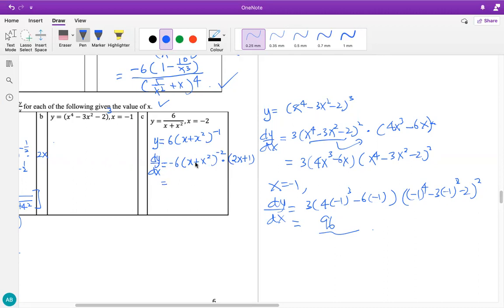So negative 6 times 2x plus 1 over x plus x squared. When you substitute x equal to negative 2, dy dx, you should be able to get 9 over 2. Okay, 9 over 2.